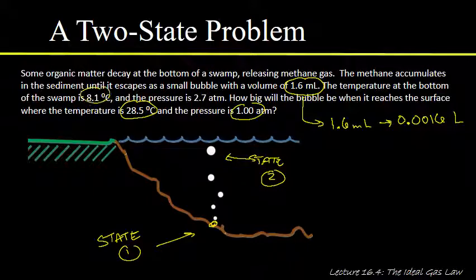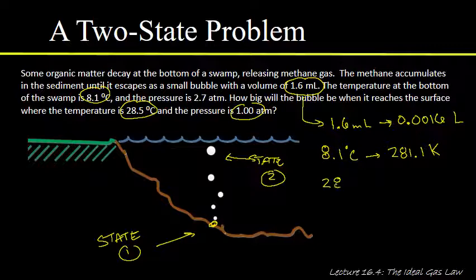We've got this temperature here, 8.1 degrees Celsius is, let's see, 281.1 Kelvin, and 28.5 degrees Celsius is 301.65 Kelvin.